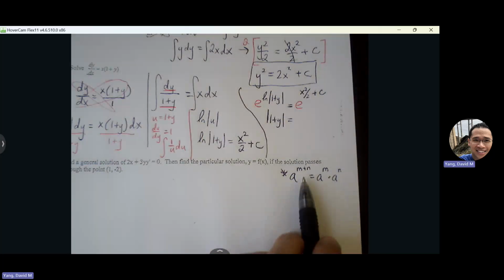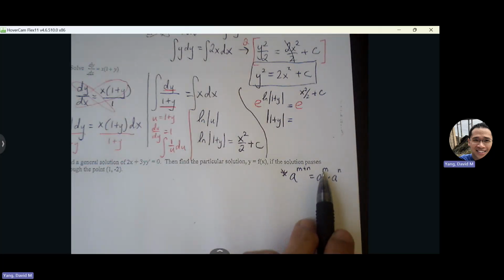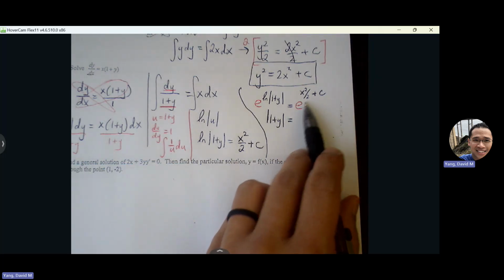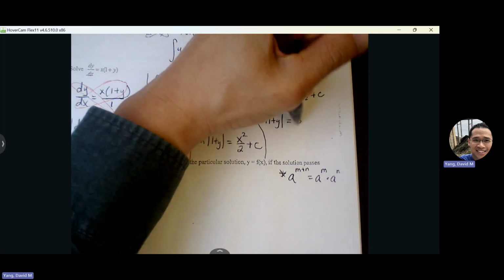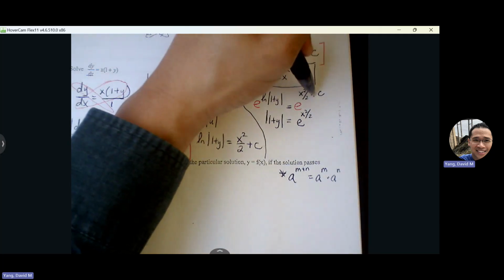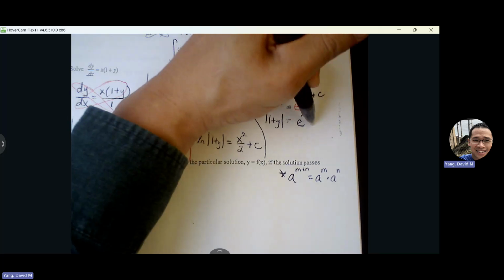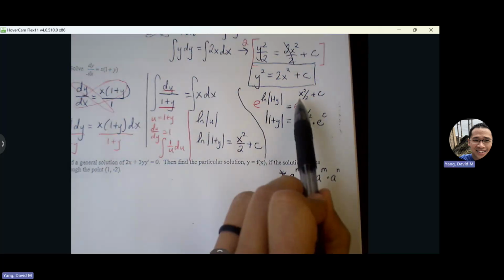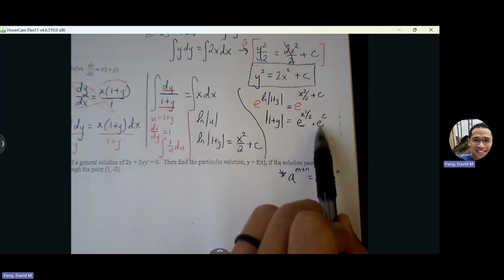So a to the m plus n is the same thing as a to the m times a to the n. The reason that I want to show that is if we can separate this into its individual parts, we can have an easier time seeing what to do with them. So e to the x squared over 2 plus c is the same thing as e to the x squared over 2 times e to the c. I'm just splitting them up into more separate components.